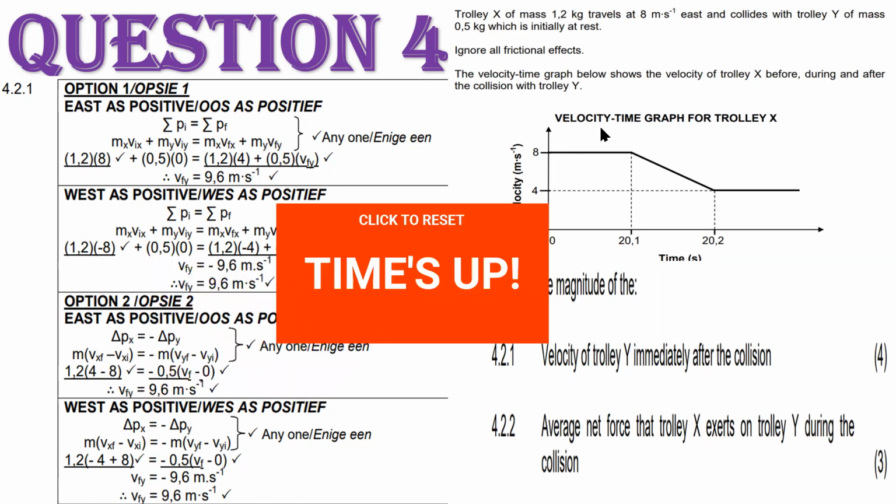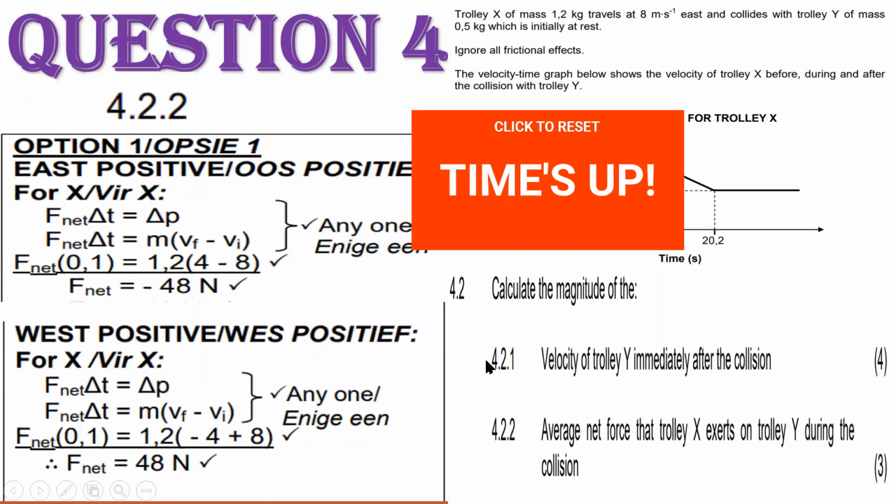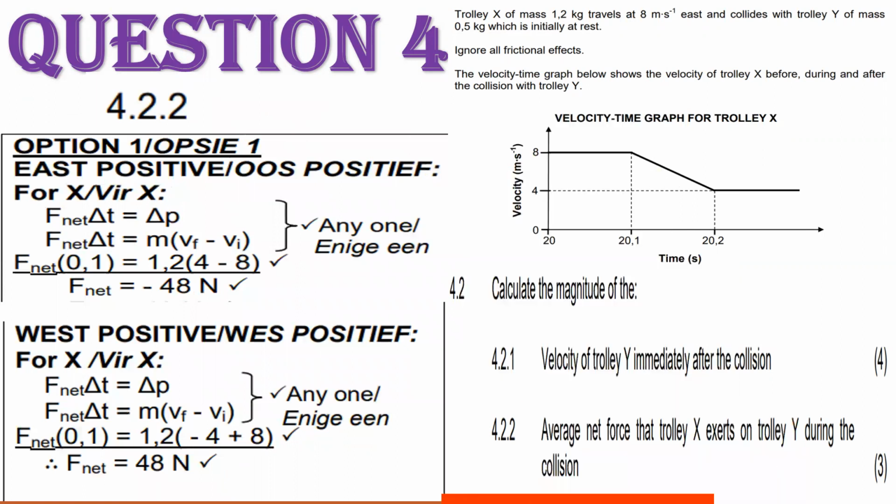Yes, time is over. So let's continue with question 4.2.2. All right, so now using F net times delta t is equal to delta p.